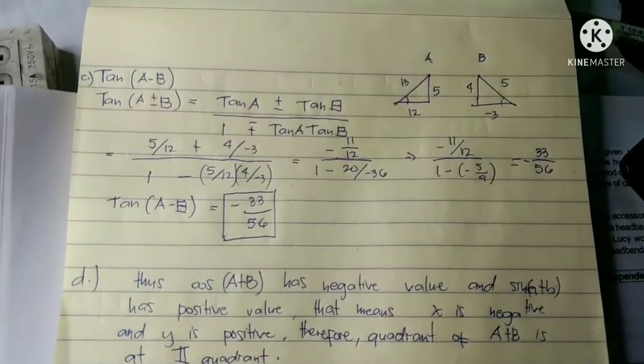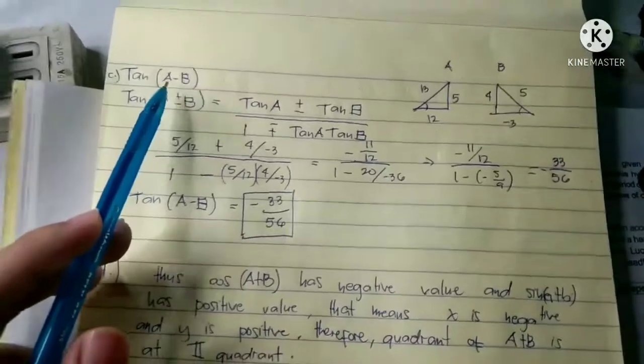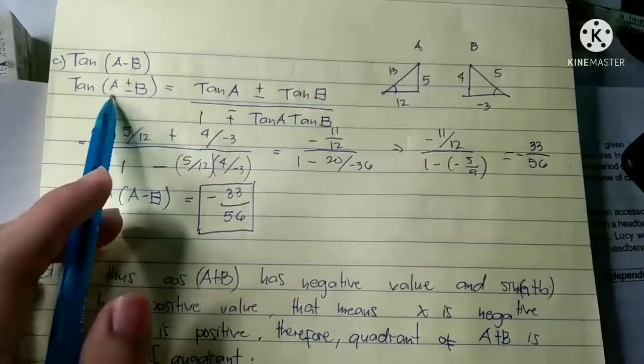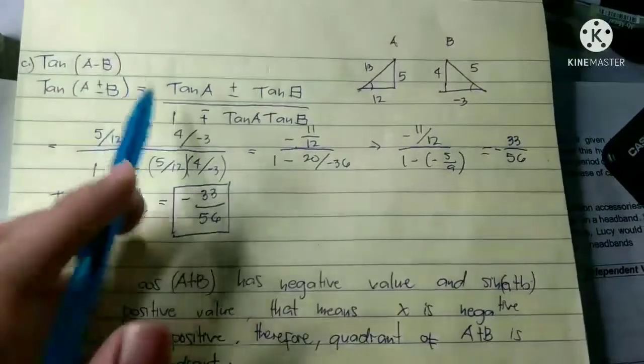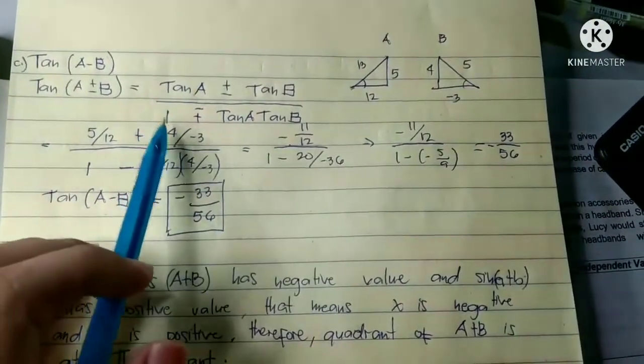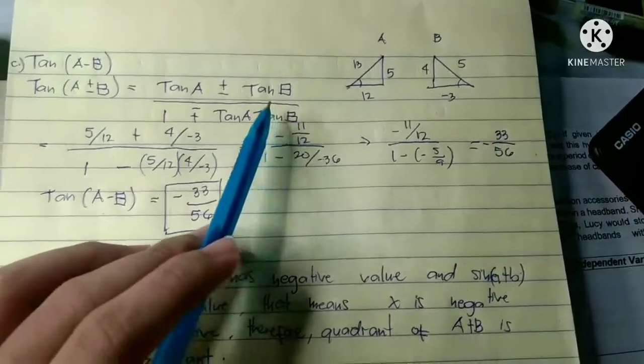Next, we have here our tangent quantity a minus b. So tangent quantity a minus b is equal to tangent a minus tangent b over 1 plus tangent a tangent b.